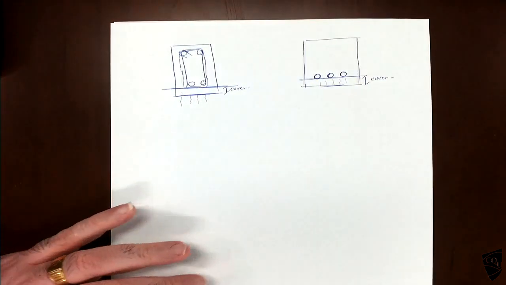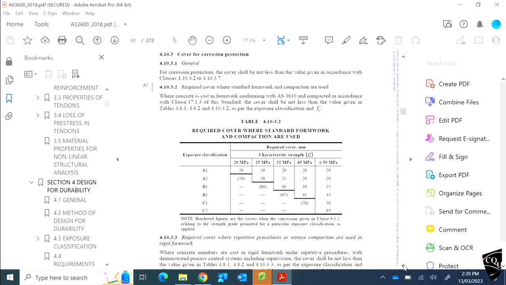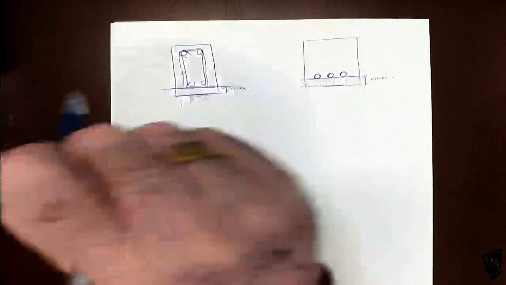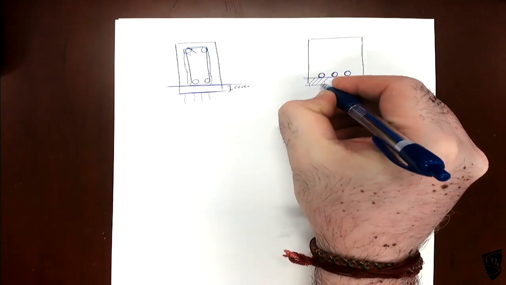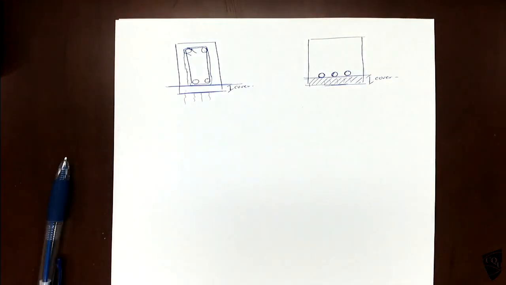So if you look at the table, they give the minimum cover. You also don't want very large cover, because technically this part of the concrete will not carry any loads, or it will not increase your bending or shear capacity.